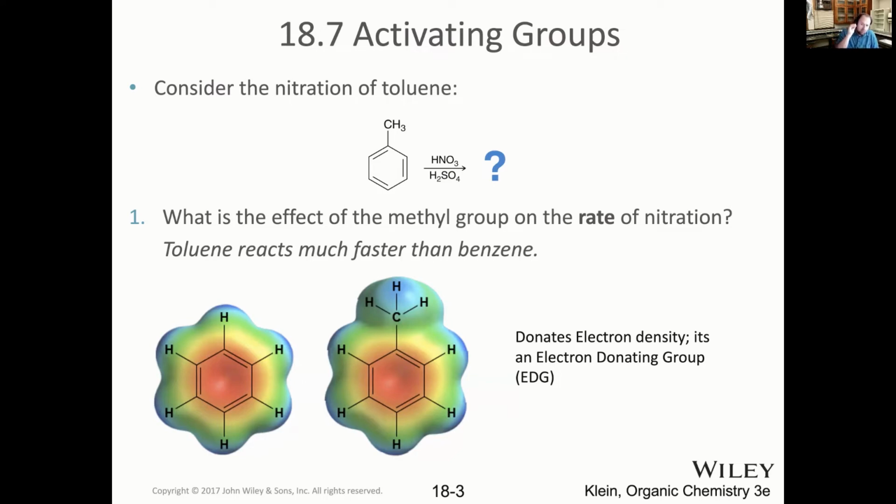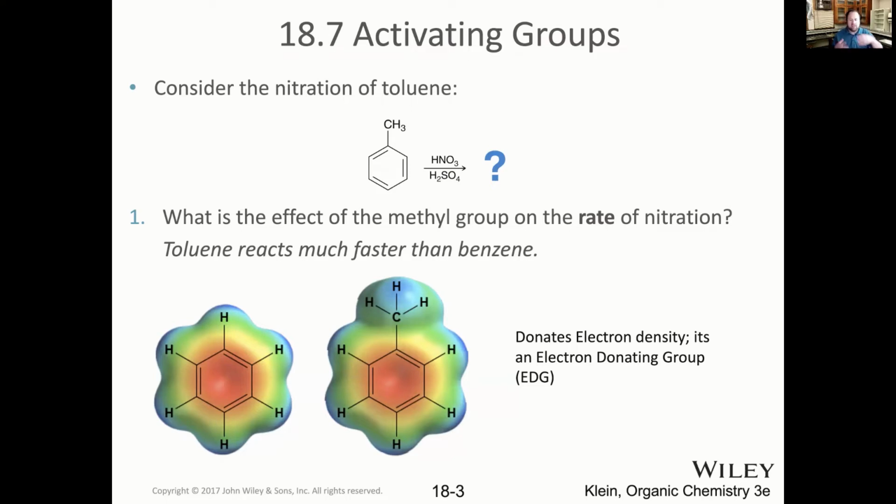Now, what the methyl group does, and I tried to find a picture that showed this, but it's a very subtle effect for the methyl group compared to other similar groups that are known as electron donating groups. But what the methyl group does is it donates electron density to the ring. We've actually already talked about alkyl groups doing this when we talked about the Birch reduction.